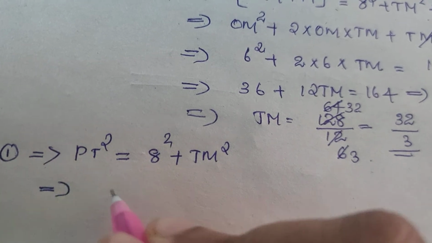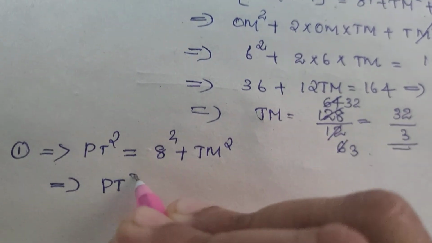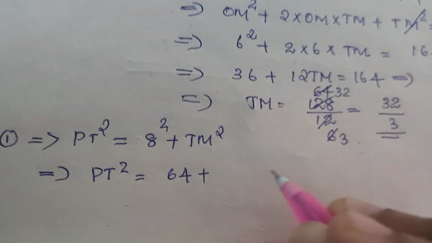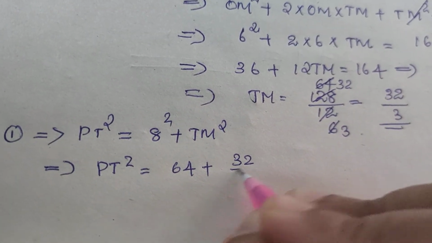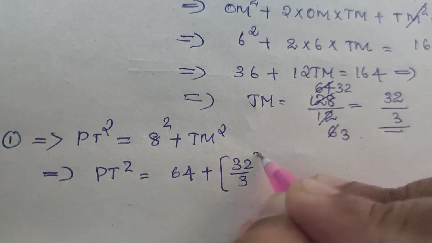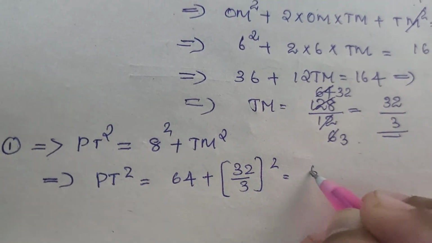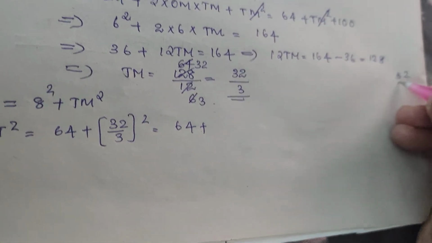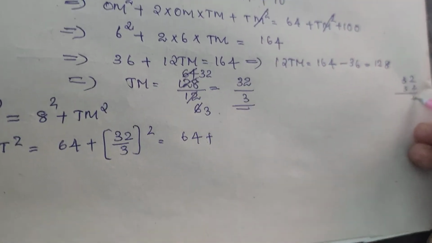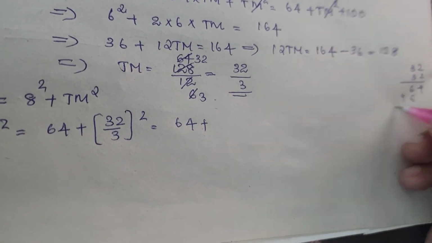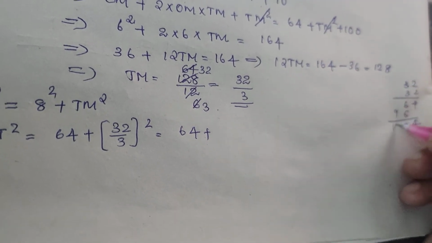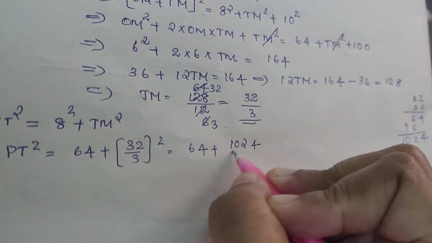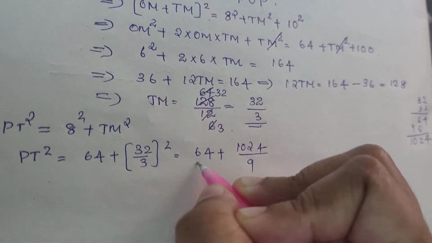That implies PT square is equal to 8 square is 64 plus TM is 32 by 3 whole square. That is equal to 64 plus, you just find the square of 32. Square of 32 is 1024. That is 1024 divided by 9.